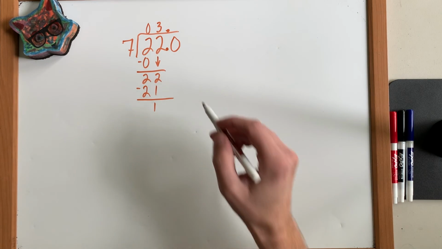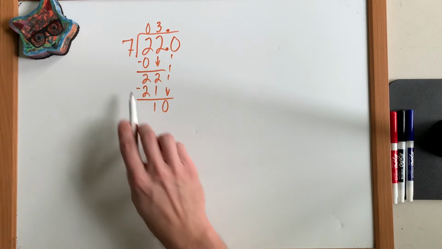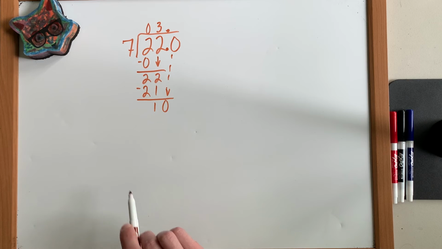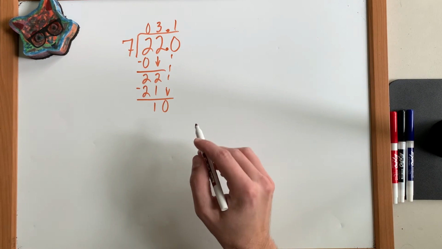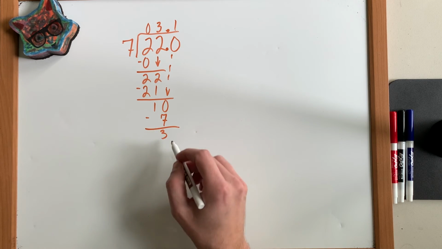Now I can bring down this 0 like this, and ask myself, how many times does 7 fit into 10? Well, it fits one time, and when I multiply, I get 7, subtract, and I get 3.